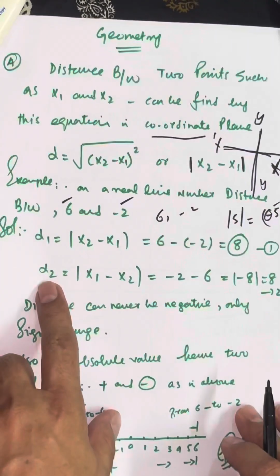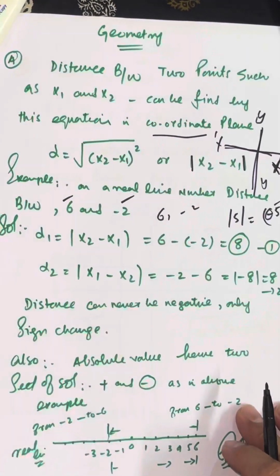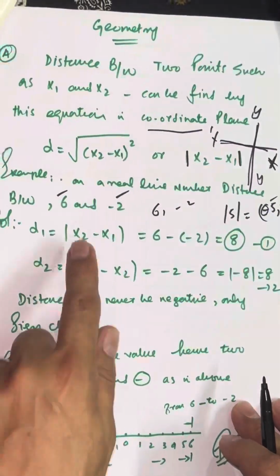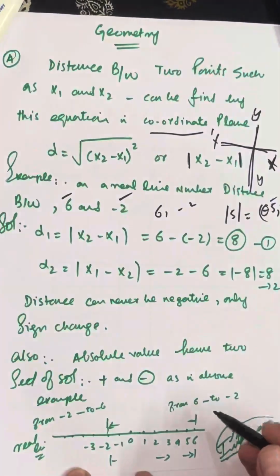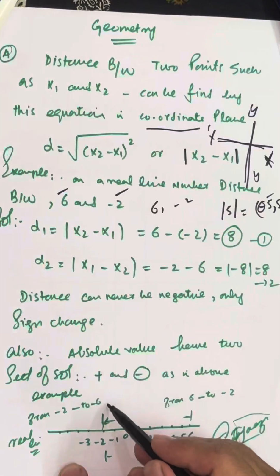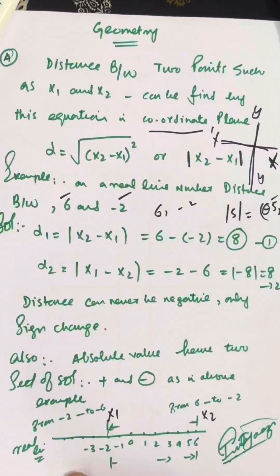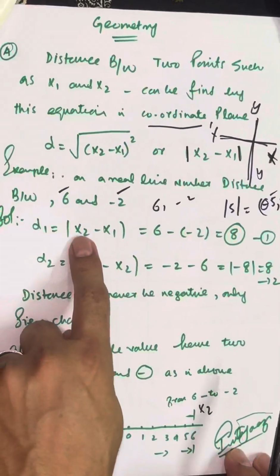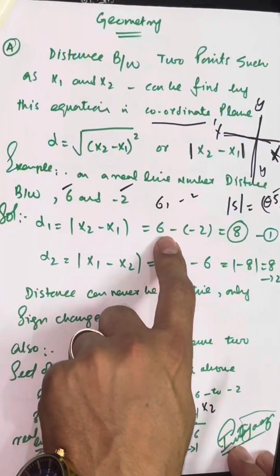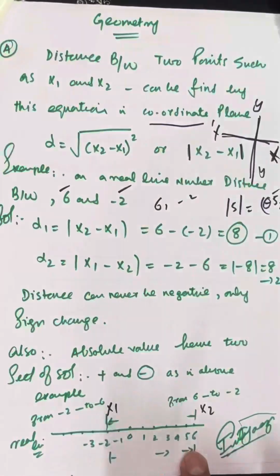So if you do d2, which is between x2 and x1, let's say that 6 is x1 and this is x2. So from x2 minus x1, 6 minus (-2), we got 8.